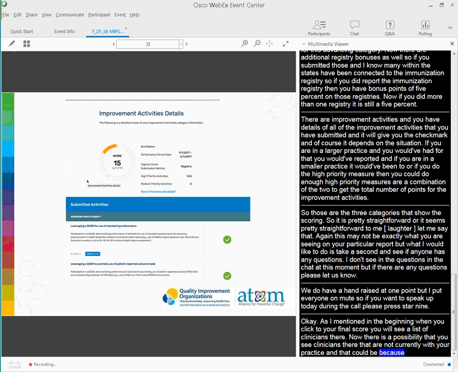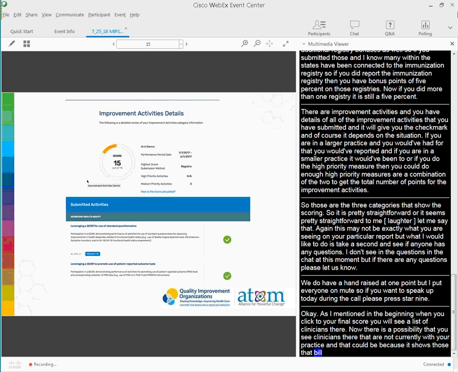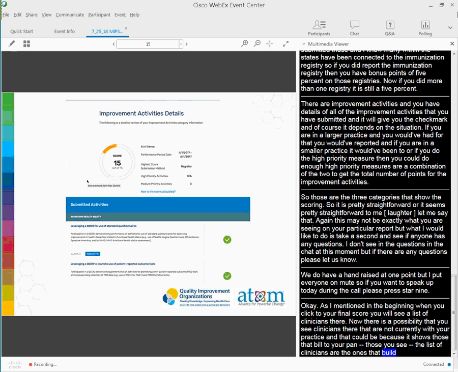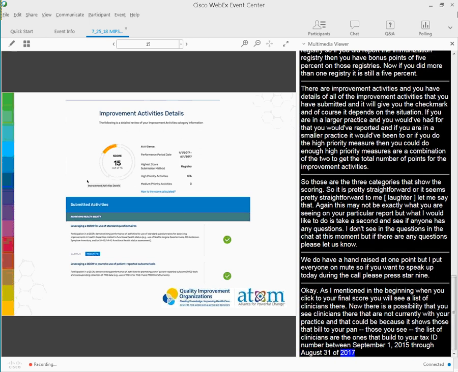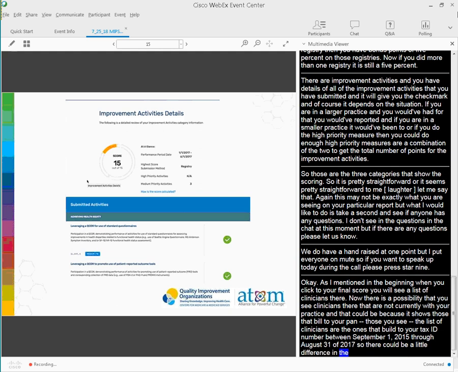Of course, this relates to groups, not to solo practices. The MPIs that you see in the list of clinicians are the ones that bill to your tax ID number between September 1st of 2015 through August 31st of 2017. So there could be a little difference in the clinicians that you see listed there, but it is based on that window of time.